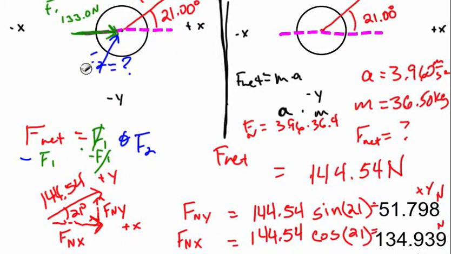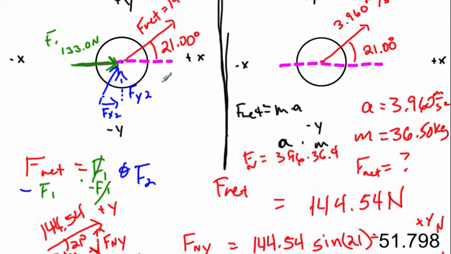So this guy right here has, let me draw the triangles out. He has some X component here, and he has a Y component, right? And if we draw a triangle with all these three combined, the F net would go like this. This little guy's Fx2 would go right here.